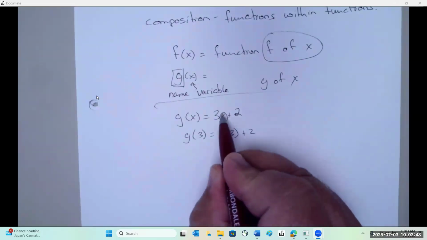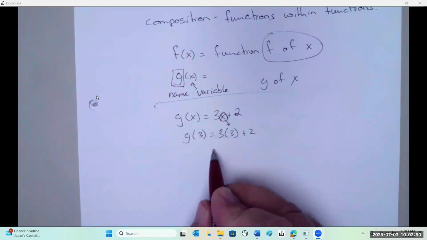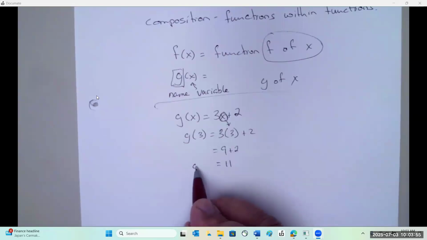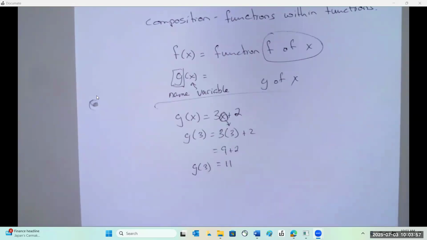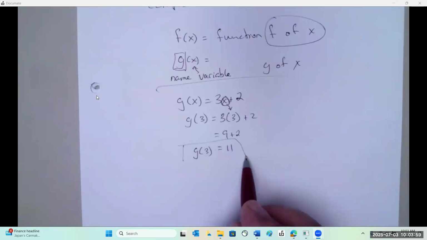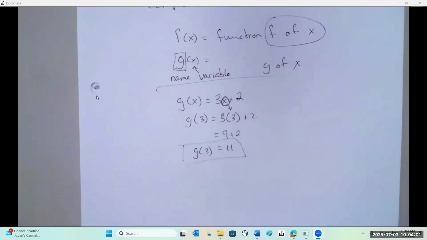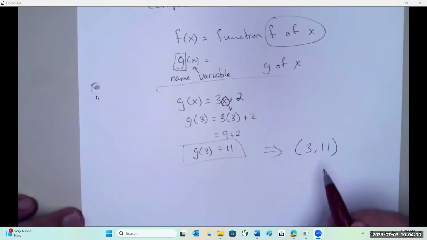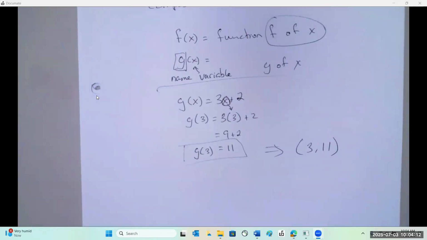So anywhere I see an x, I put a 3. Then I work it out. So there's my answer. G of 3 is 11. Which means that we have a point on our graph at (3, 11). All right. So that's what we did in chapter 2, when we first started with functions.